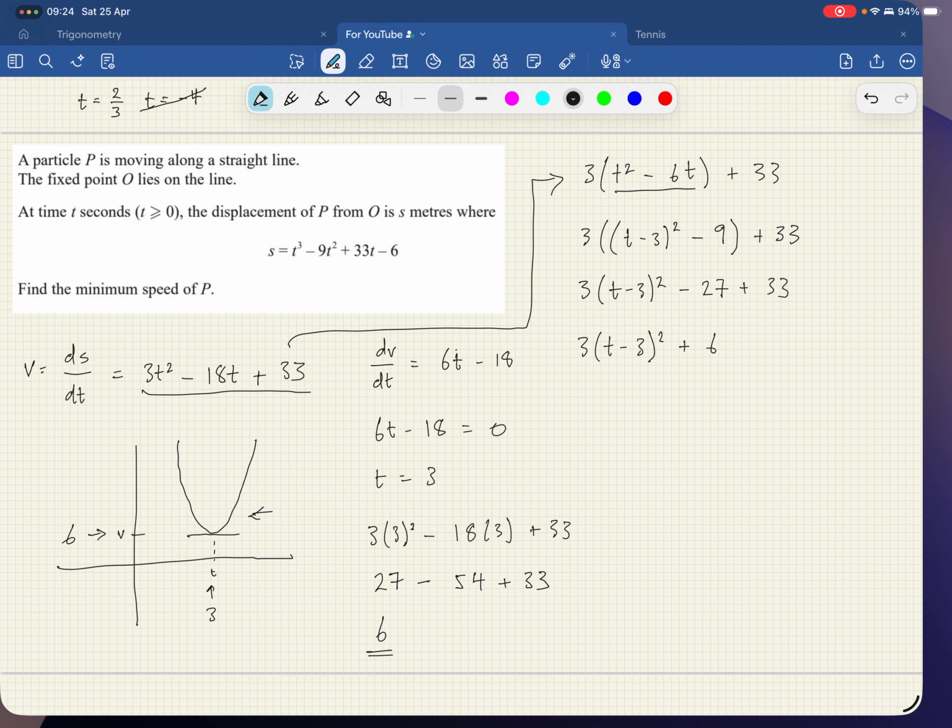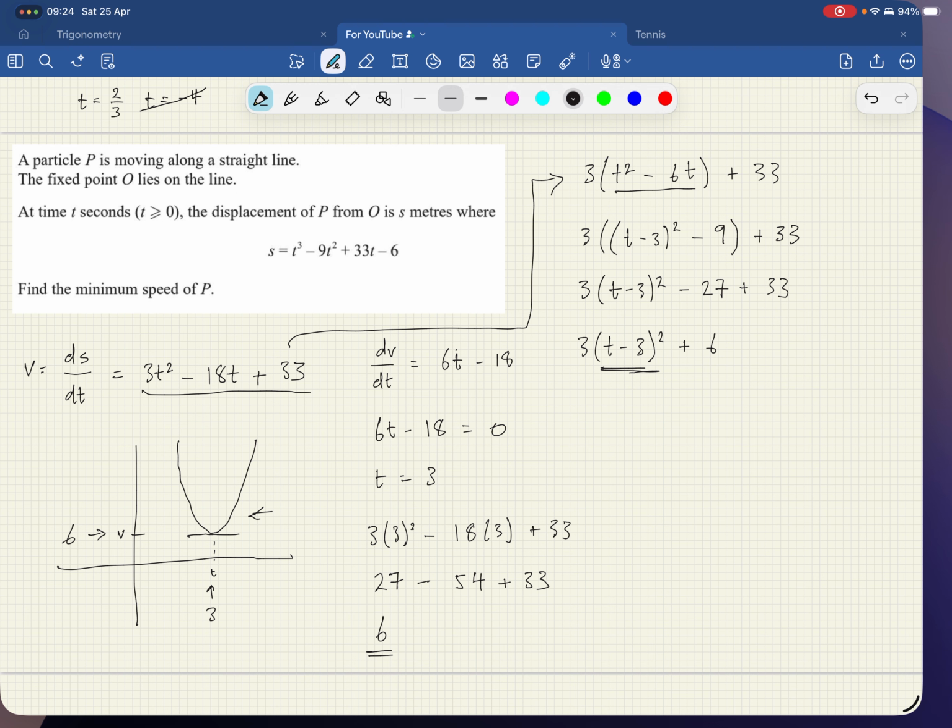Now, the important thing to look at here is that this expression, or at least this thing that's being squared here, when you square something, you're going to end up with a positive value. It doesn't matter what t is. You've got a positive value or possibly 0, but you're never going to have a negative value.